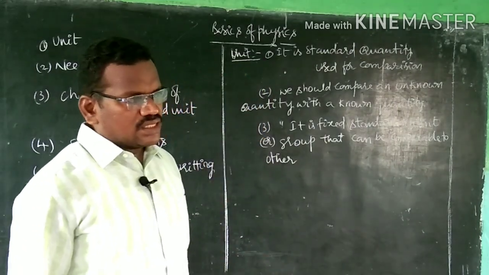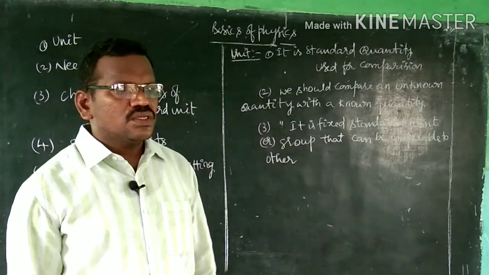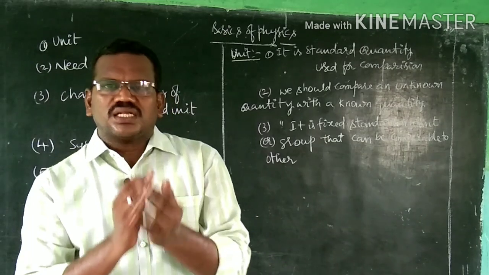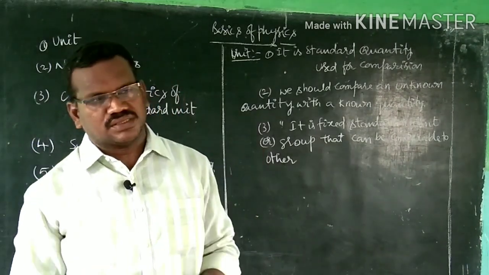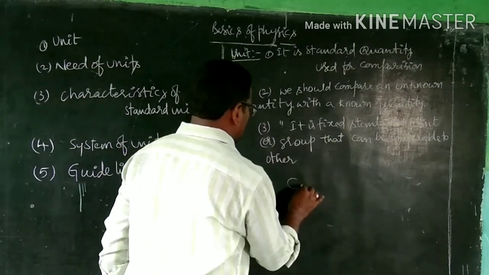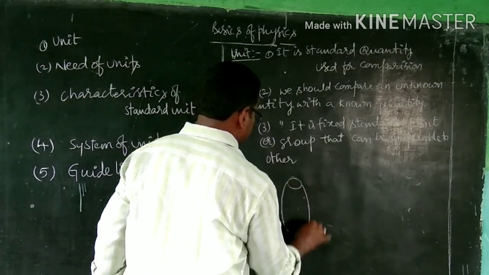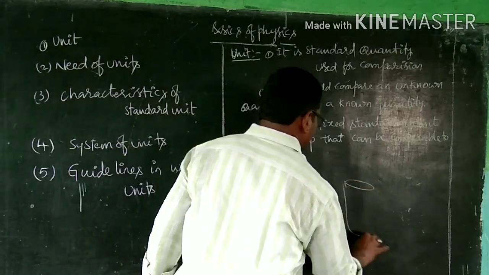Like that, we may require 1 liter of water. To measure 1 liter of water, we utilize some instruments. For example, a measuring jar, or otherwise a liter measure.